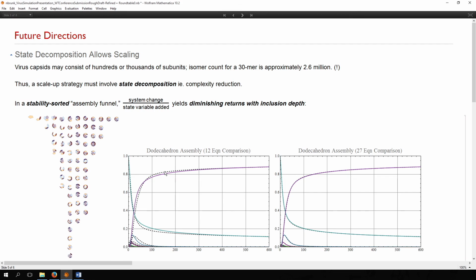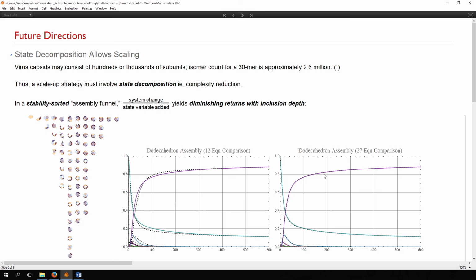You can see that you get most of the kinetics from the most stable intermediate model that was made about 20 years ago, except when you enumerate the other 60 state variables, you get a very subtle change, but you get very diminishing returns as you incorporate less stable intermediates.